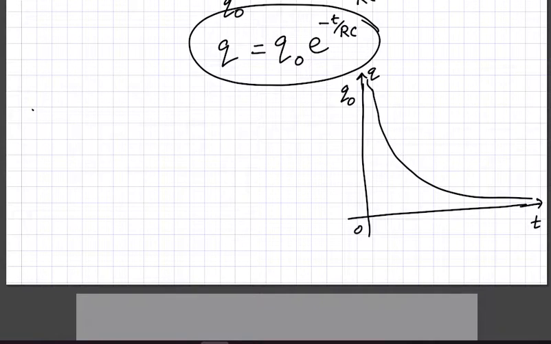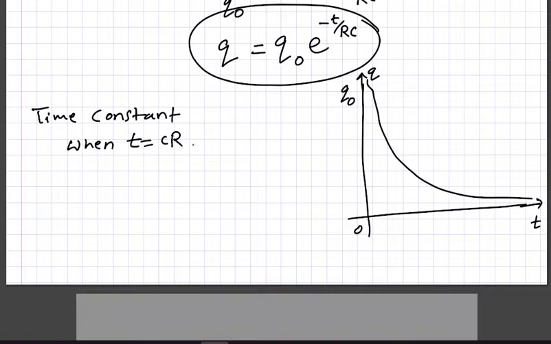Then the expression for the time constant: again just like in the case of charging, RC is the time constant. When t is equal to RC, Q is 0.37 Q naught.